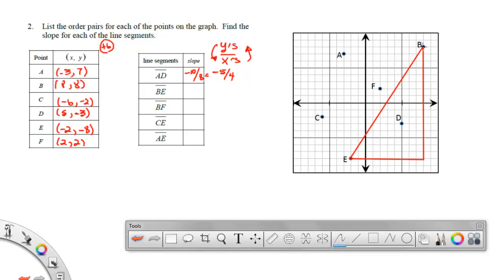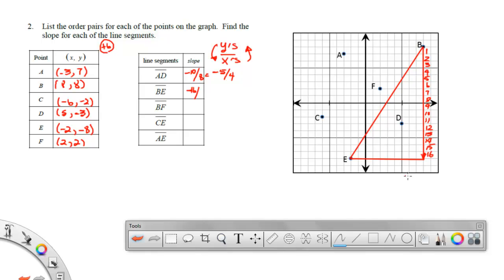So here I'm starting at B, so I count down 1, 2, 3, 4, 5, 6, 7, 8, 9, 10, 11, 12, 13, 14, 15, 16. And I counted down, so that means that's a negative 16.